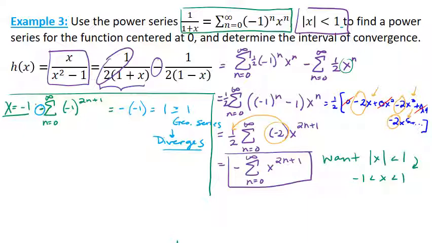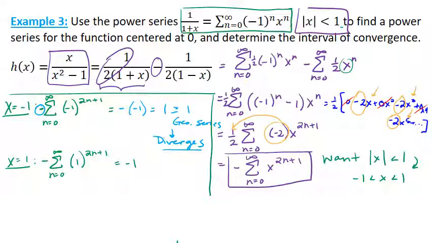Doing the same thing now with x equals 1. There's a negative on the outside of this summation. Now we have 1 to an odd power. Well, 1 to any power is 1. This negative on the outside gives us a -1.